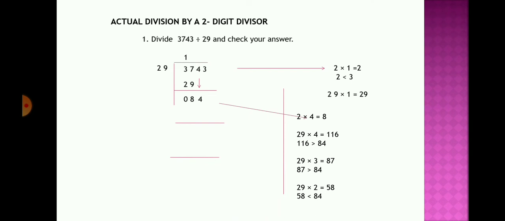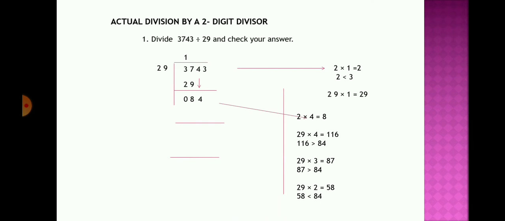29 fours are 116. But 116 is more than 84, isn't it? So, let us try with the predecessor of 4. So, we will try 29 threes are 87. But still what happened? 87 is also more than 84.